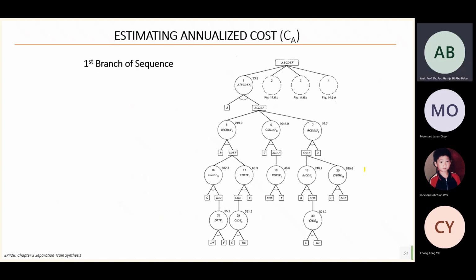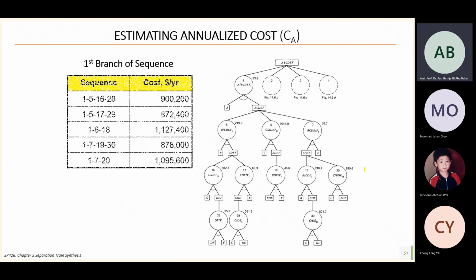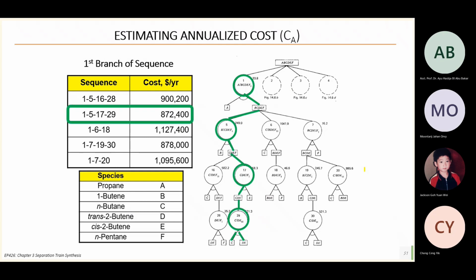From those feeds, you will have many sequences. No need, this one is for your understanding. I will not ask this kind of question. This one is for your understanding in determining which sequence is the best.